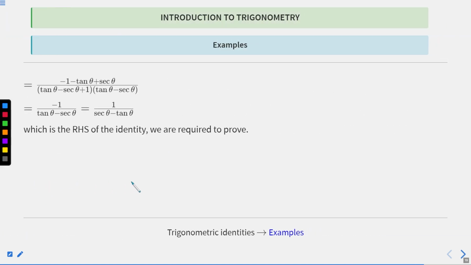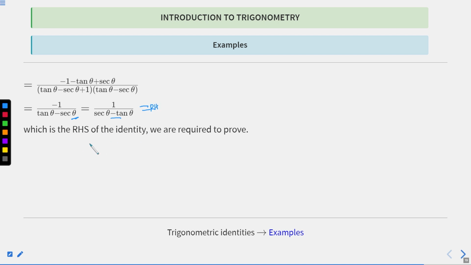Okay, and here this is equal to minus 1 minus tan theta plus sec theta divided by tan theta minus sec theta plus 1 times tan theta minus sec theta. Okay, and this is equal to minus 1 by tan theta minus sec theta, and this is equal to 1 by sec theta minus tan theta, and this is our right hand side.